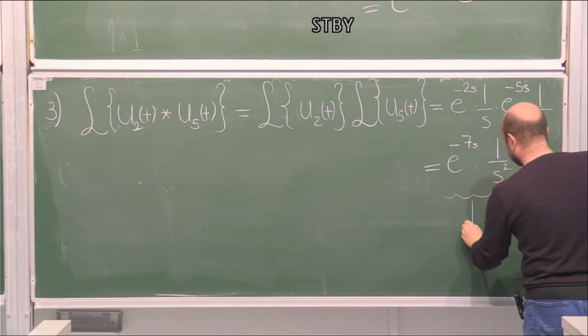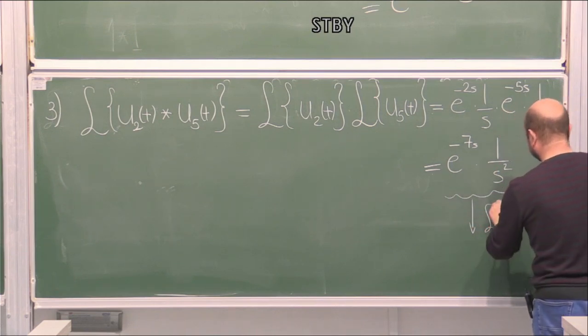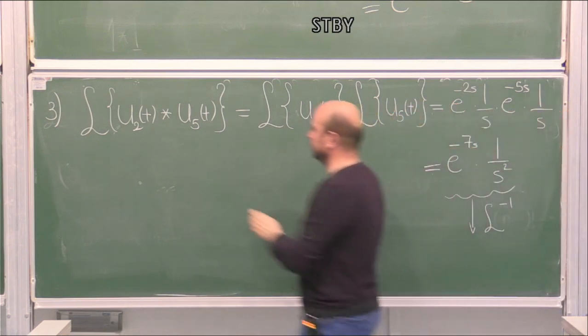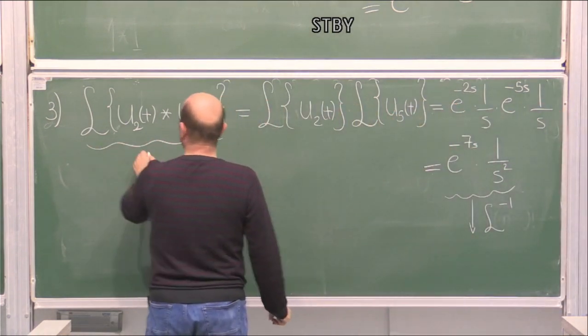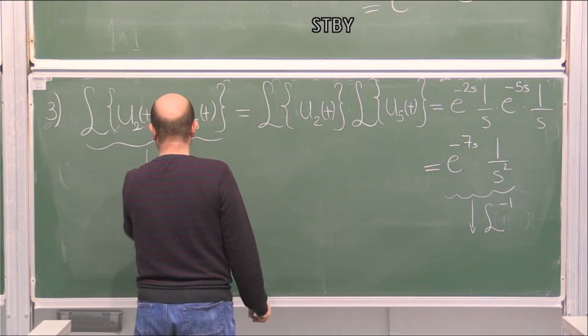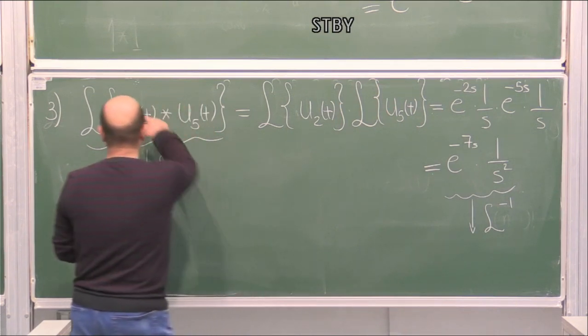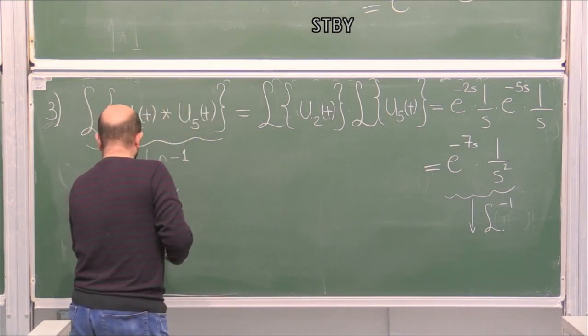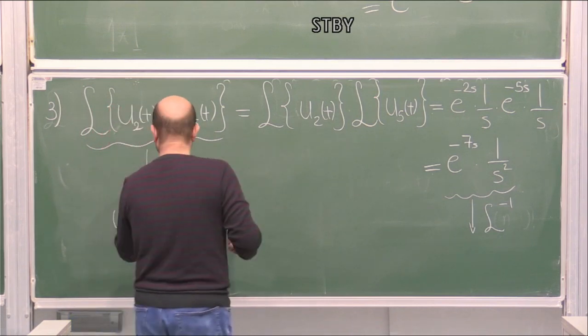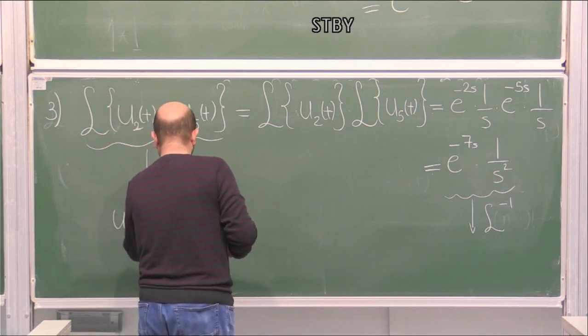Now I take the inverse of this. The inverse is u2 convolution u5.